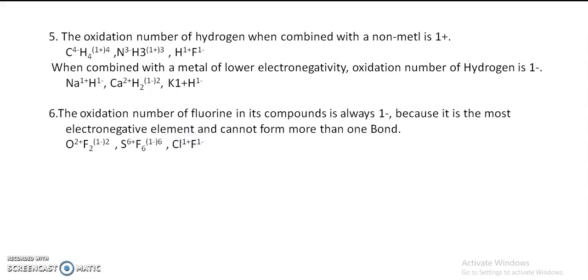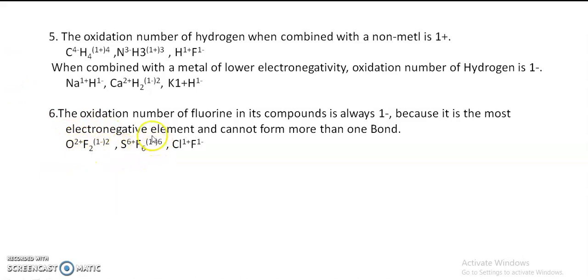Rule 6. The oxidation number of fluorine in its compounds is always -1, because it is the most electronegative element and cannot form more than one bond. Here we can see OF2: fluorine has -1 oxidation state.